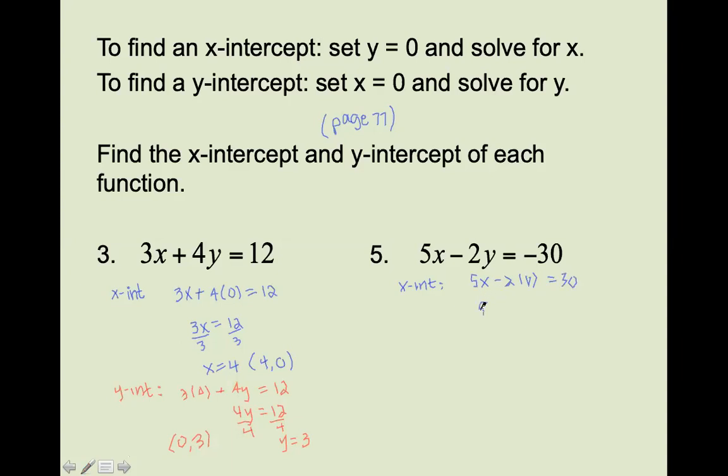That gives me 5x equals 30. Divide both sides by 5, and I get x equals 6. And again, to write that as an ordered pair, it's the point (6, 0), because our y value was 0.